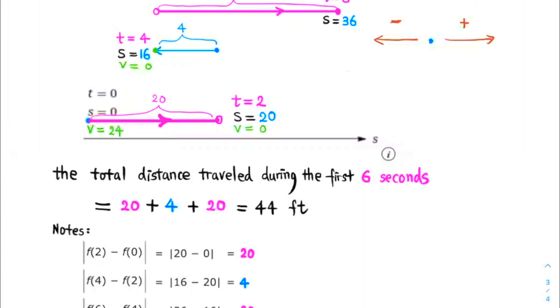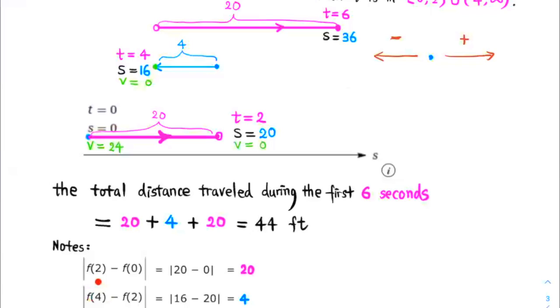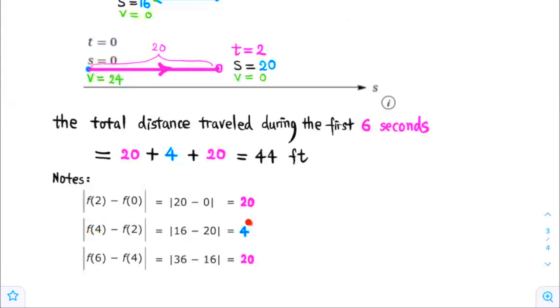Notice that to calculate the distance traveled from time t equals 0 to time t equals 2, we can take the absolute value of f(2) minus f(0), which is equal to 20. And to find the distance traveled from t equals 2 to t equals 4 seconds, we take the absolute value of the ending position f(4) subtracting the starting position f(2), and it ends up to be 4.